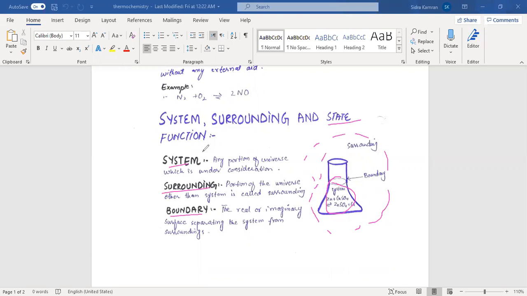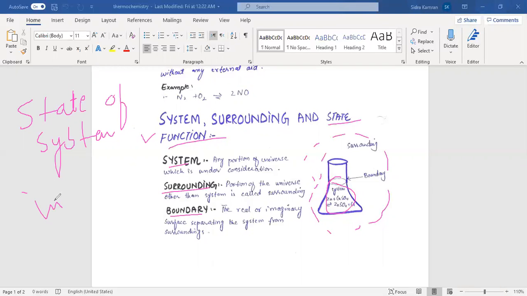What is state function? The very important thing in thermochemistry is state function. First we need to know what is the state of the system. State of system means the conditions of the system, initially and finally.